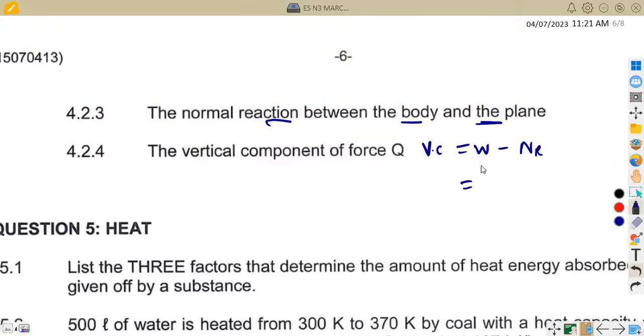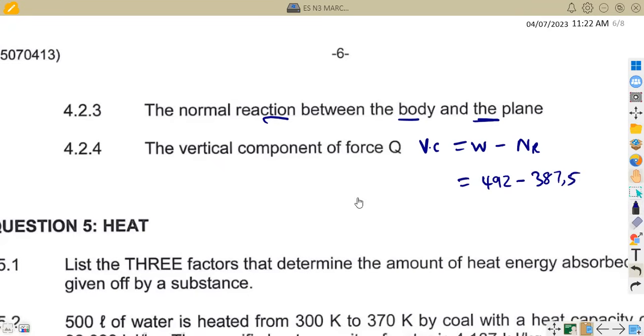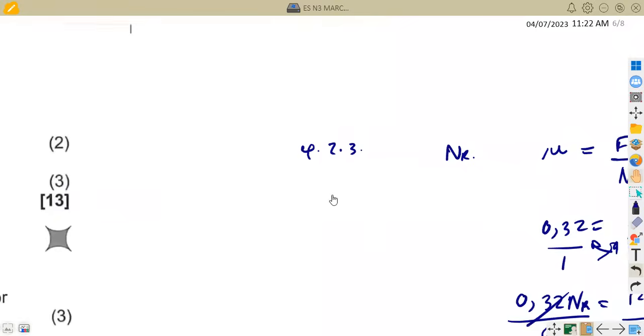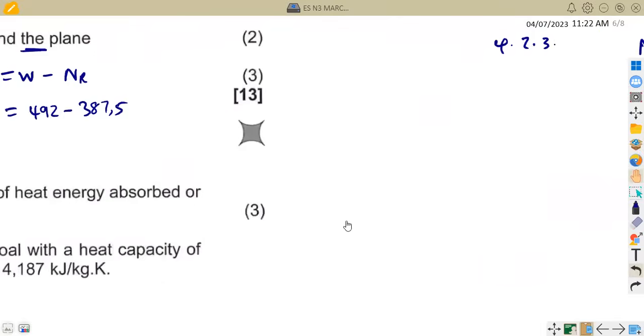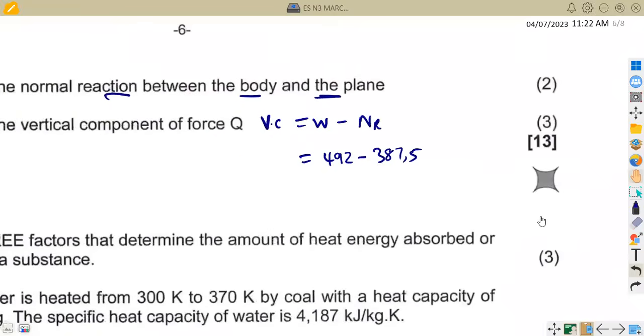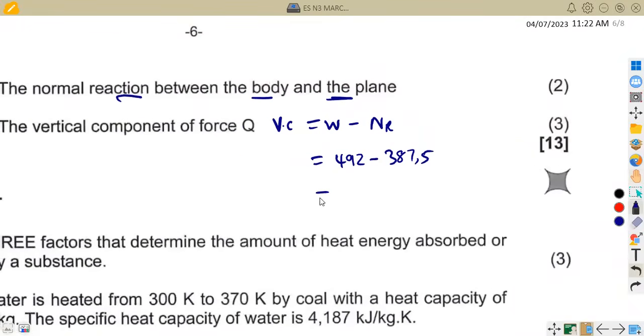So our weight was 492 minus the normal reaction we just calculated, 387.5. If we subtract these two, we have 104.5 Newton. All right, so that is your vertical component.